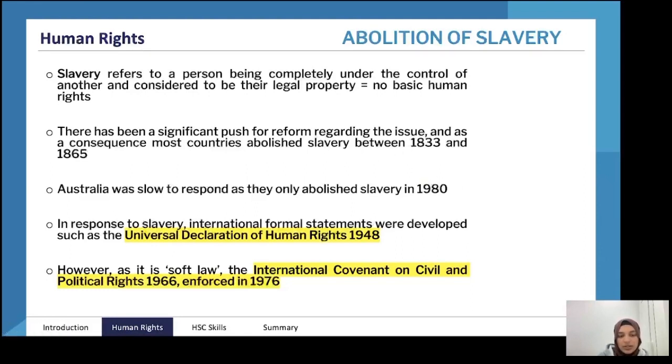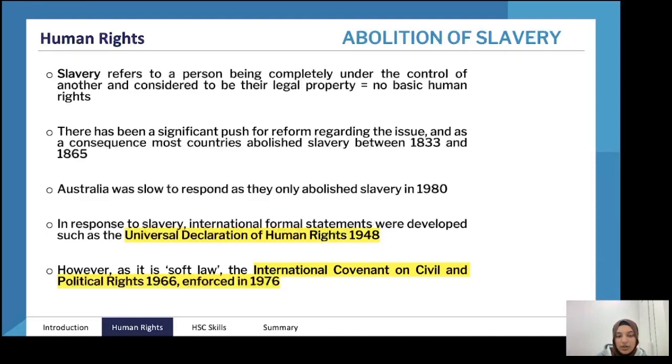In response to slavery, international formal statements were developed, such as the Universal Declaration of Human Rights, the UDHR, which I'm sure most of you would have already heard of. Please do take note of this if you don't already have it in your notes. It's a very important declaration and it's very important for this topic.